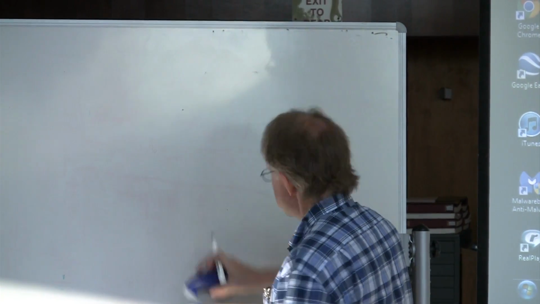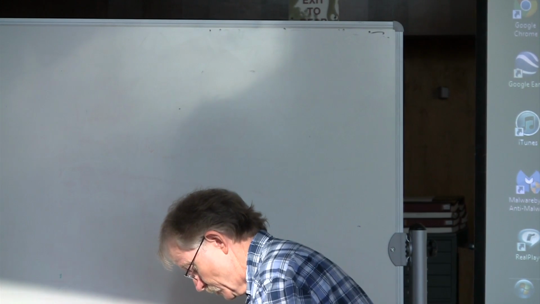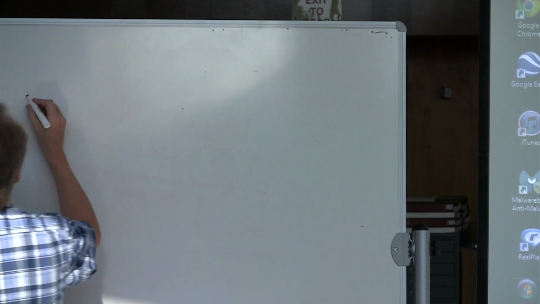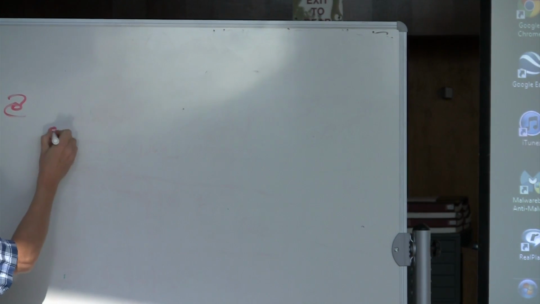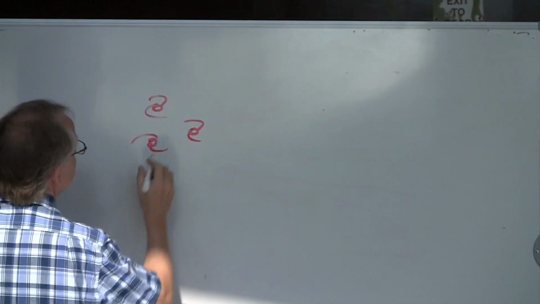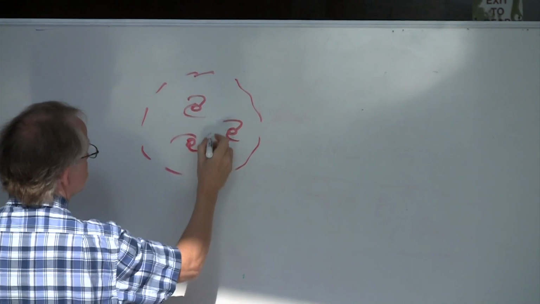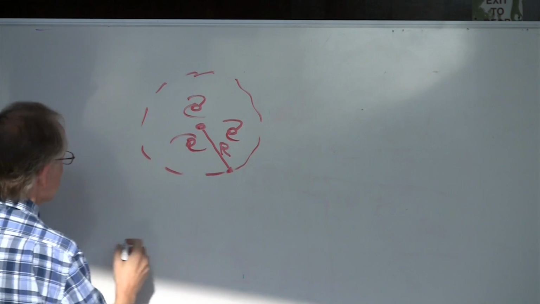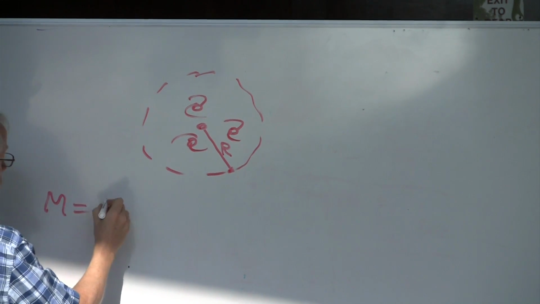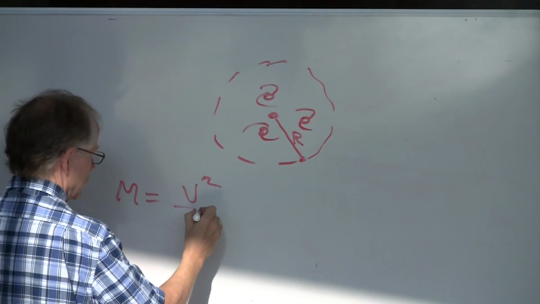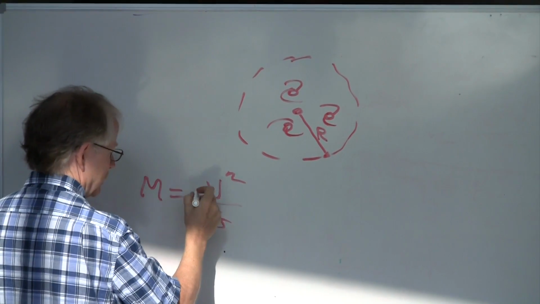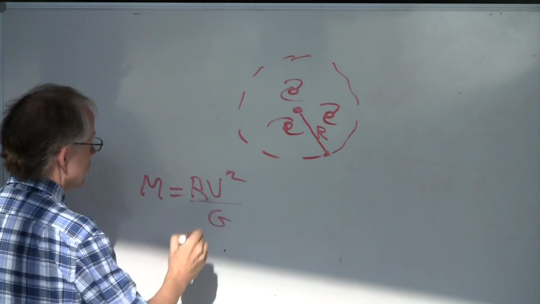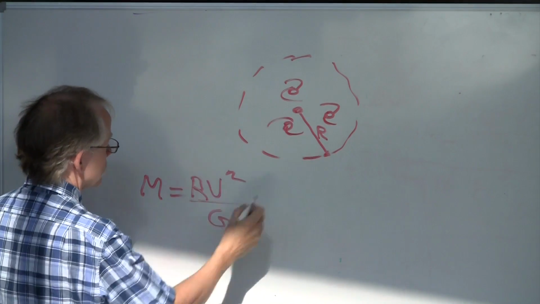I made the comment that you run into a little bit of a problem when you look at the mass of a cluster of galaxies, and this cluster has a particular size to it. You figure out what the mass is as r v squared over G. That's basically the radius of the cluster.